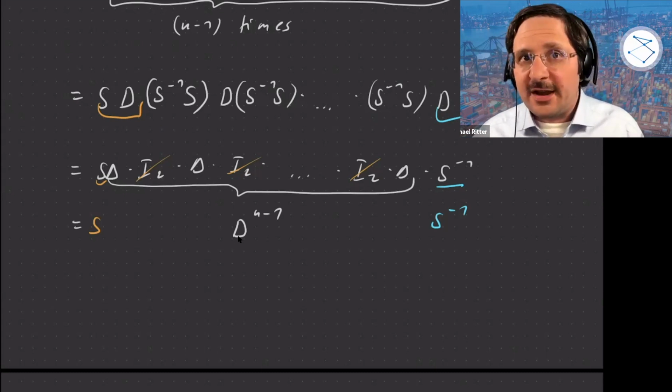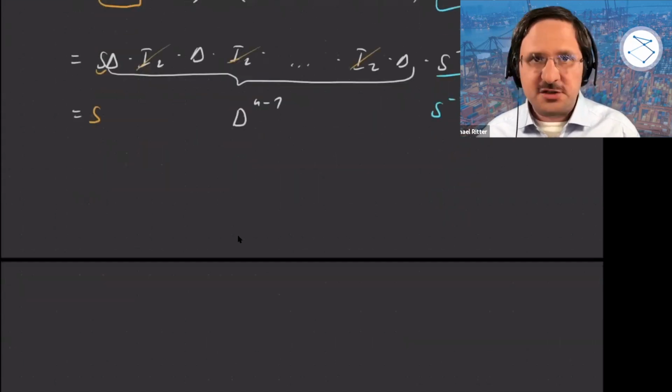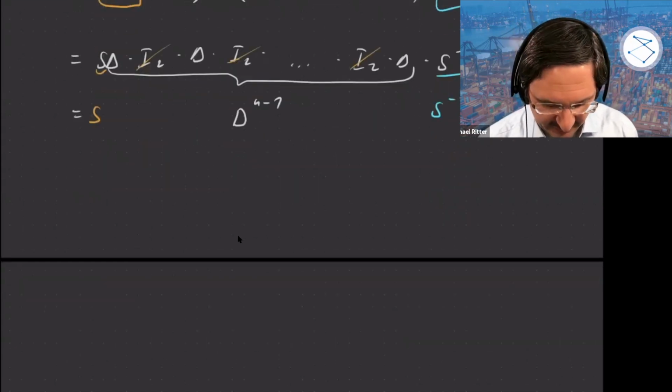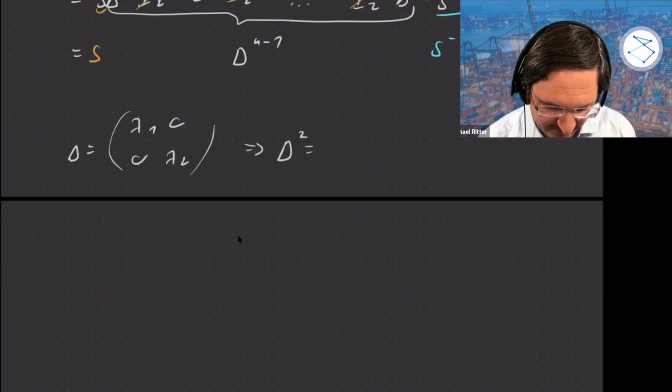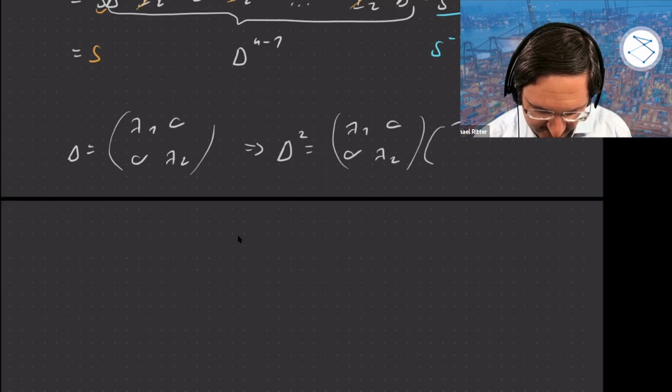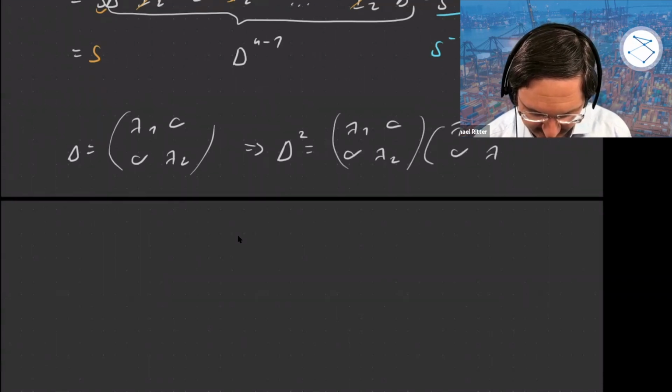Now D is a diagonal matrix, and if you multiply a diagonal matrix by itself, right? So remember D is of that form here. So D squared, for example, would be this matrix times itself.